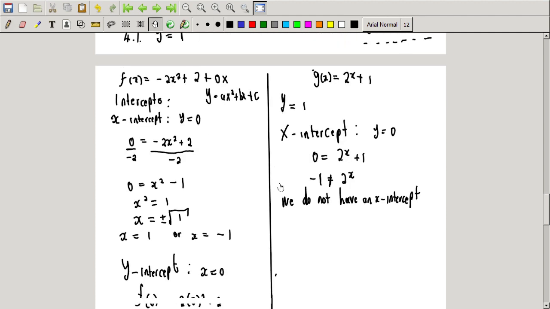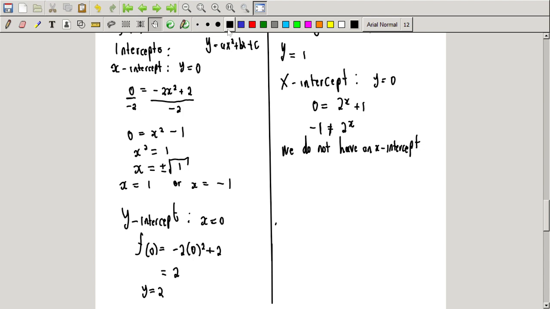And now we are looking for the y-intercept. So the y-intercept is 2.